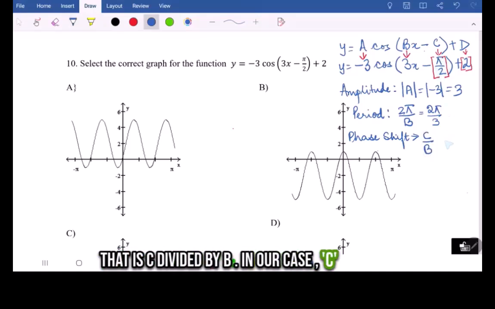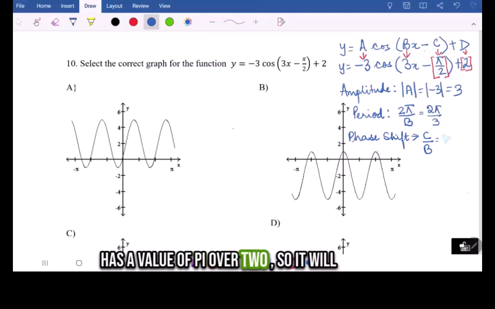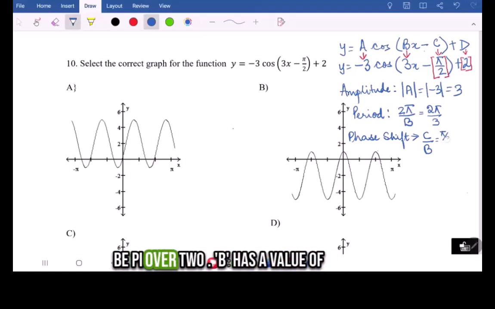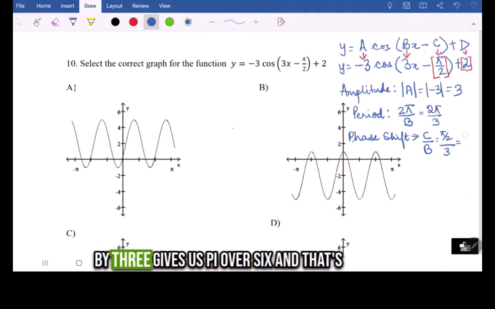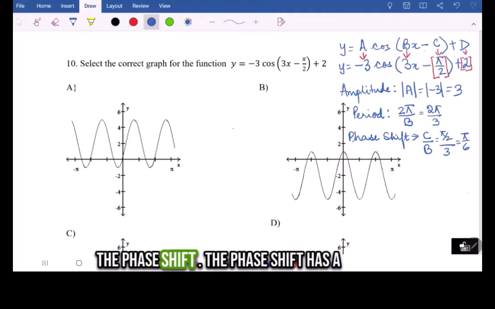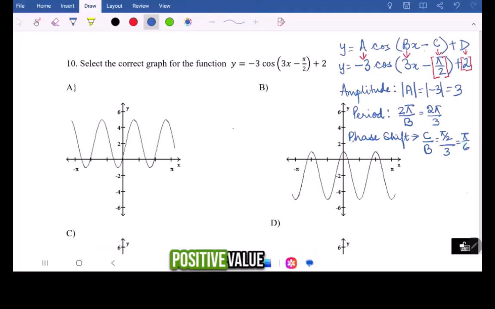In our case, C has a value of pi over 2. B has a value of 3, therefore pi over 2 divided by 3 gives us pi over 6. And that's the phase shift. The phase shift has a positive value.